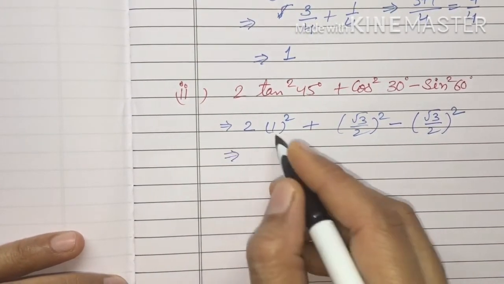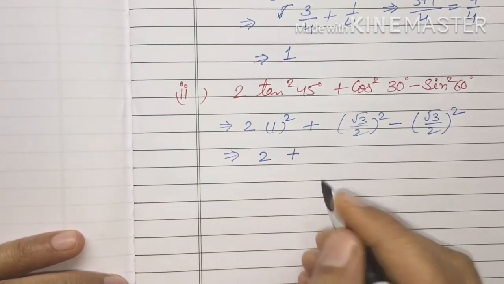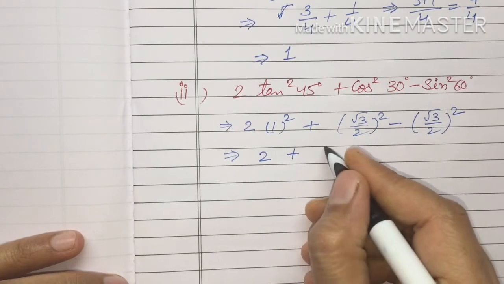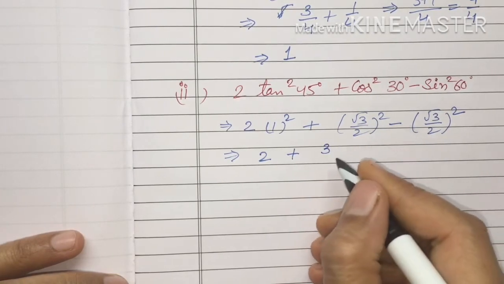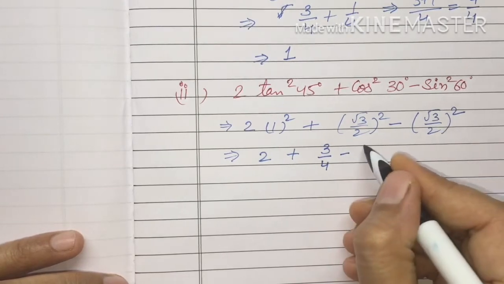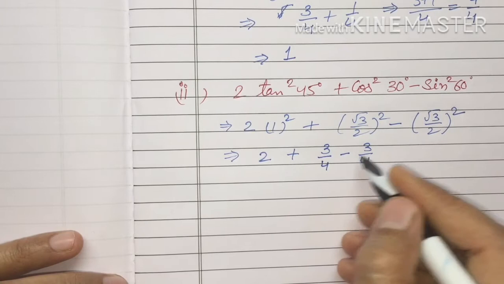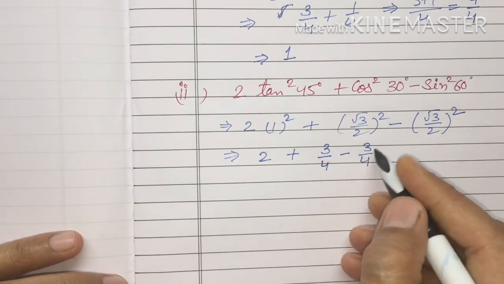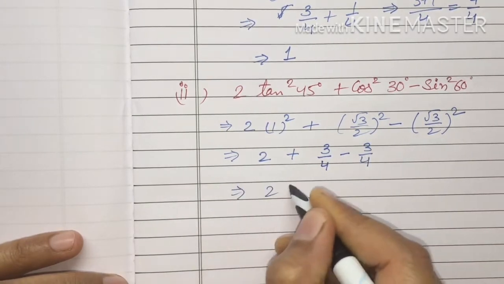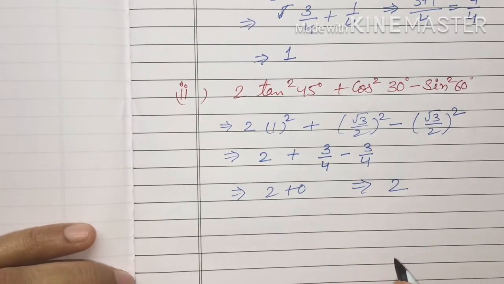Now we will solve. 1 square is 1, 2 into 1 is 2, square of root 3 is 3 upon 4 minus 3 upon 4. We can cancel 3 upon 4 minus 3 upon 4, it will be 0. So 2 plus 0, and the answer will be 2 for the second part.